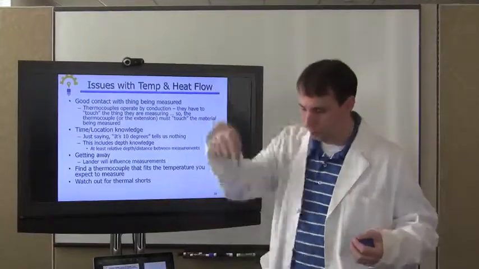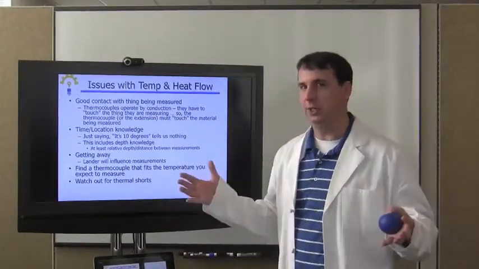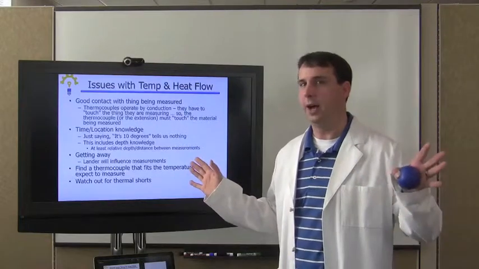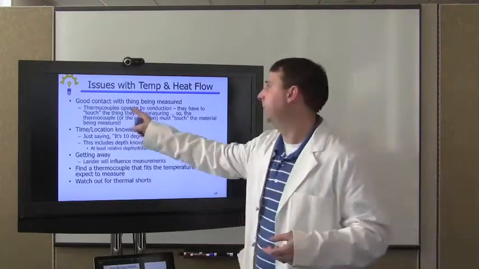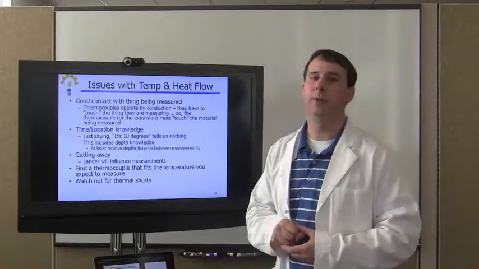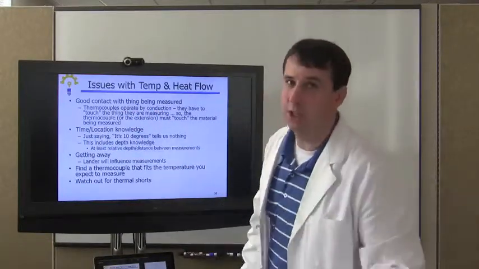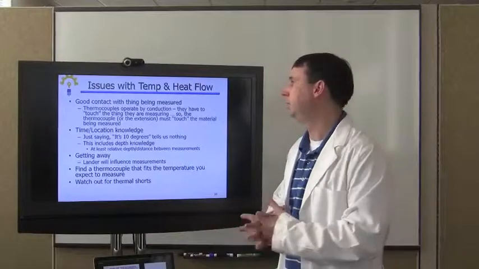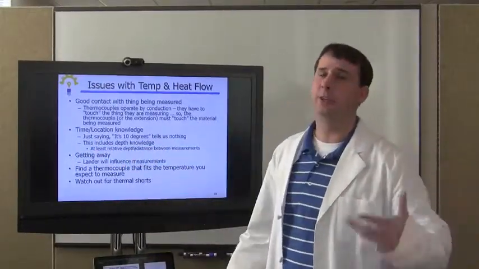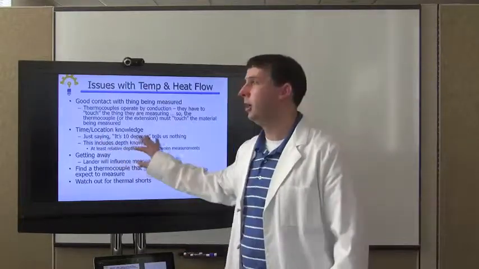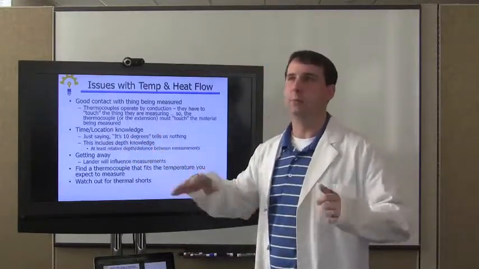When you bore down and get to depth, you have to have good contact with the soil or the ice or whatever in order to take those measurements. Contact is a really important thing with temperature measurements. If you don't have good contact, you won't have a good measurement. Again, like any measurement, time and location are very important, especially with heat flow.